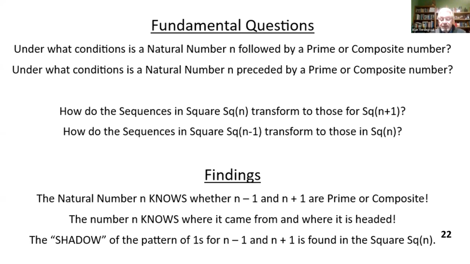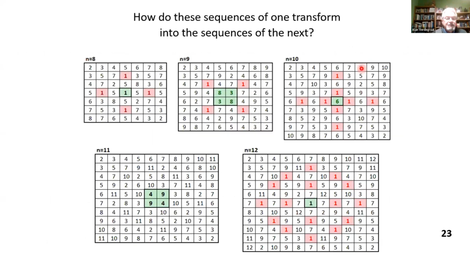Now the shadows of the numbers n-1 and n+1 will show up in the square for n. Let's look at a set of numbers here. This is n equals 8, 9, 10, 11, and 12. And you can see the pattern of 1s for 4 of these.